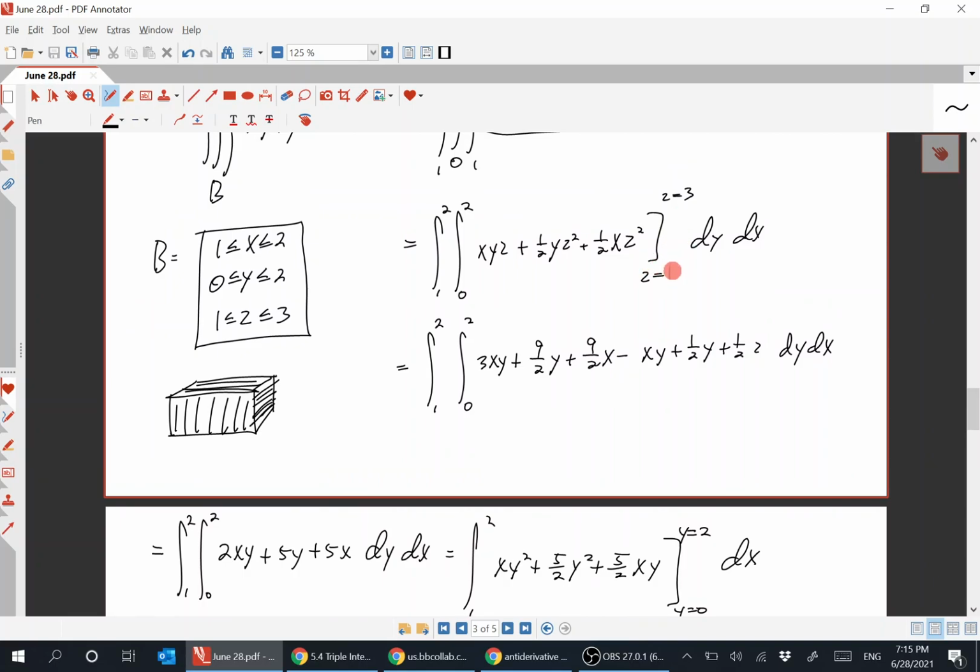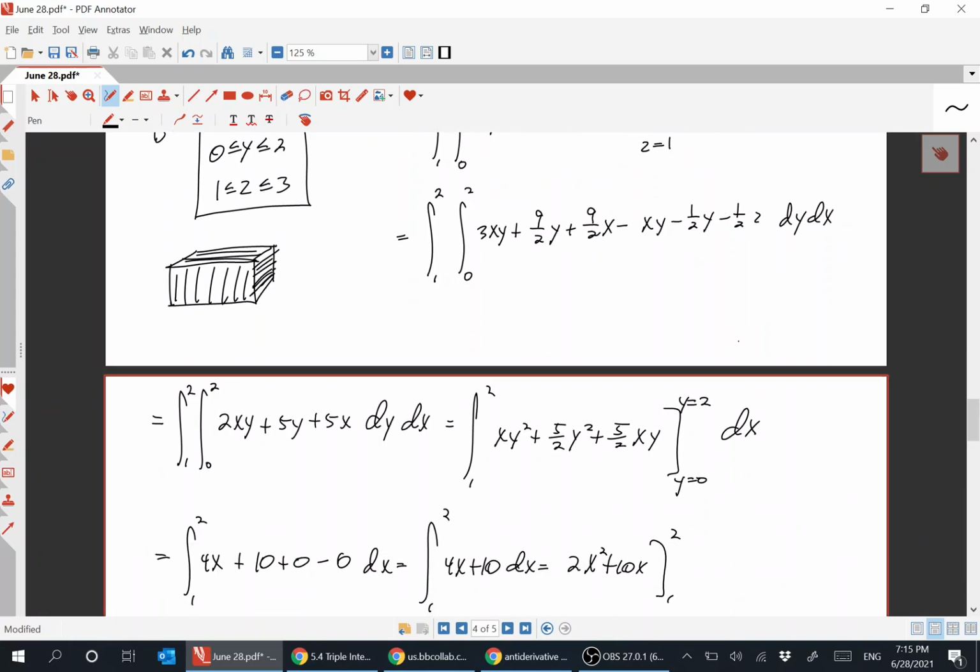Minus. Right, evaluating at 1, this is xy minus 1/2 z squared. Right, so instead of 5s here, there's 4s. And then 4/2.